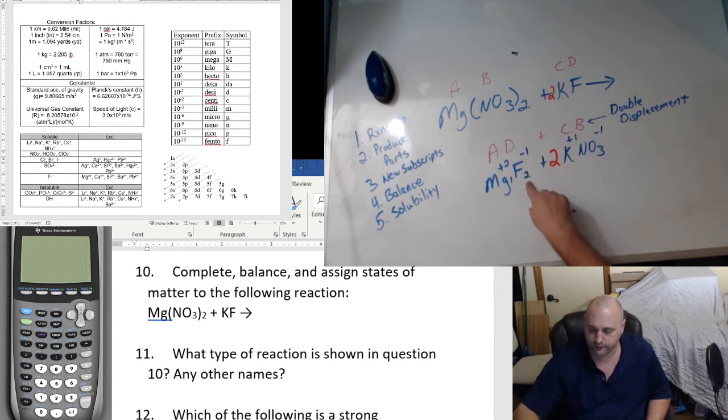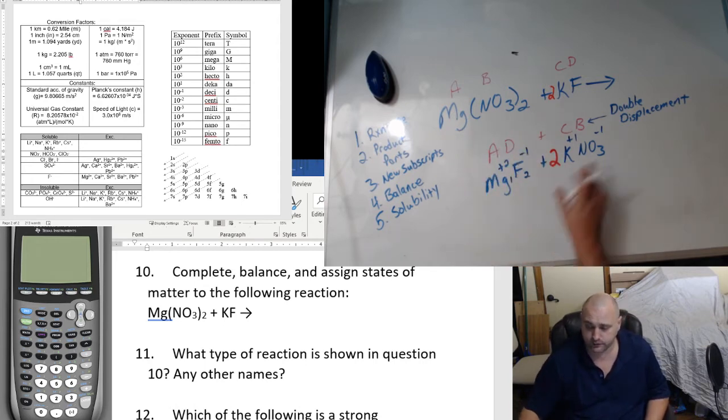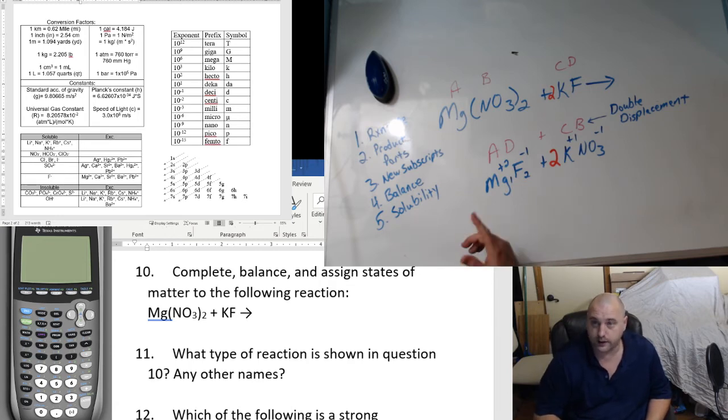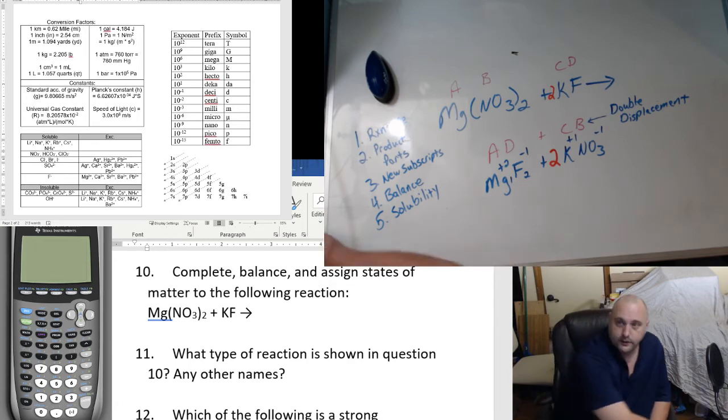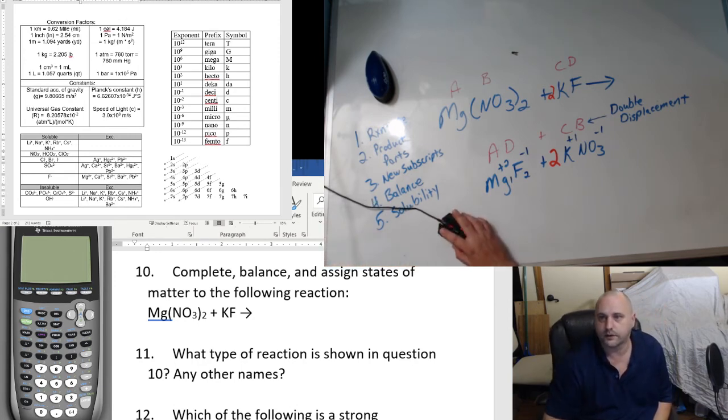Now down here I have 2 fluorines. And I had 1 magnesium, and up here is 1 magnesium. Now I could make my list, but just by following one element at a time, you can do a lot of this in your head. Now I need to check my solubility list. So I'm going to go ahead and look at my solubility list here.